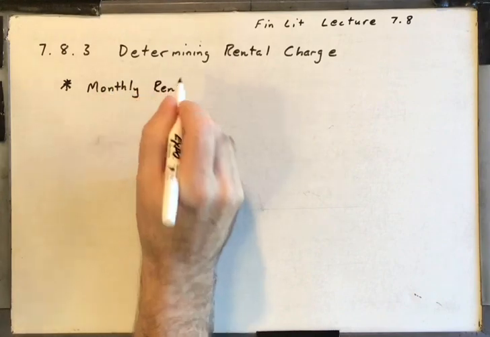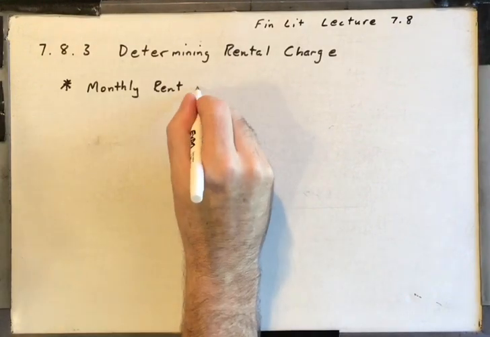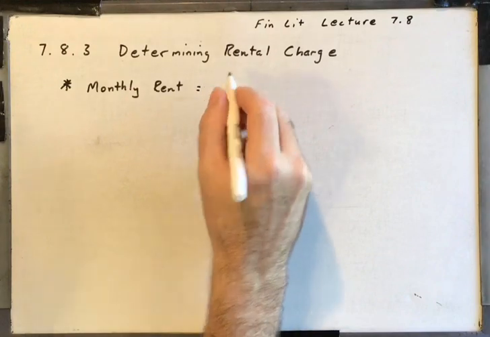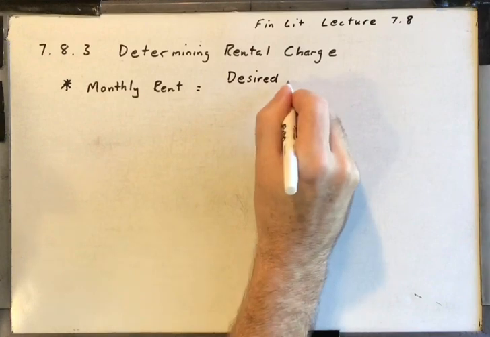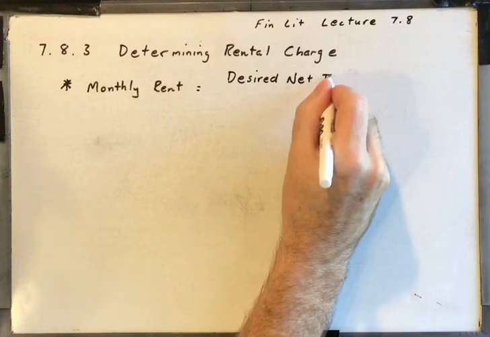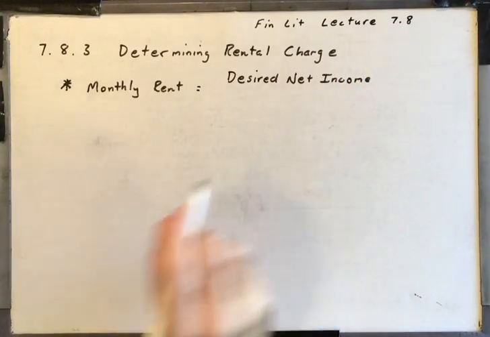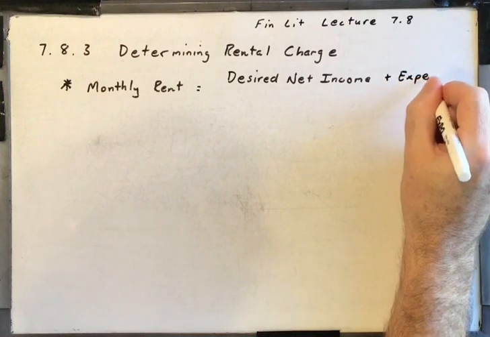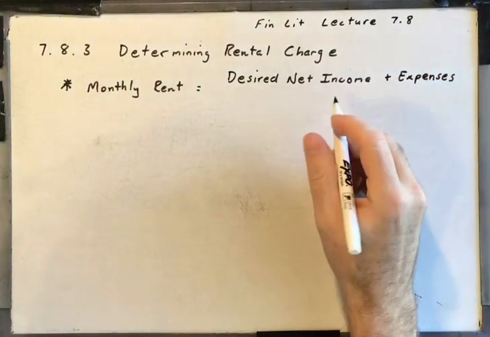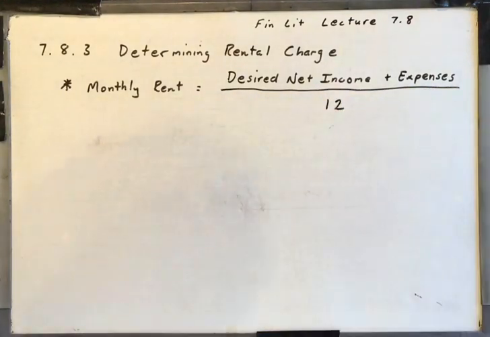So this is, to me, some of the most interesting stuff in the entire book, really practical. It's the desired net income plus expenses. So we've got the money we want to make, but you also have to cover your expenses. And how many months are in a year? 12. So just divide it by the 12 months in the year.